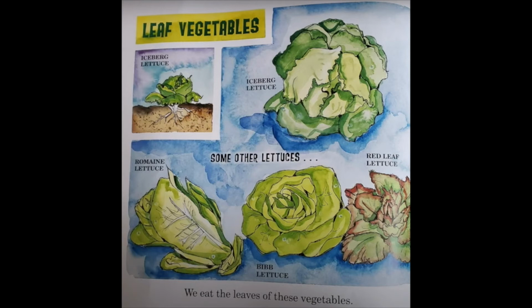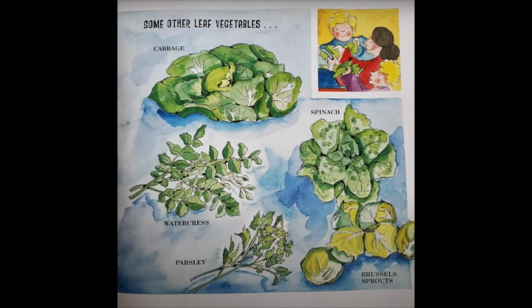We eat the leaves of these vegetables: red leaf lettuce, Bibb lettuce, and romaine lettuce. Some other leaf vegetables are cabbage, spinach, watercress, parsley, and Brussels sprouts.